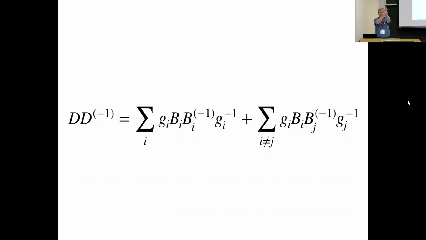I call those internal differences, and then you'll have some G sub i, B sub i's that match up with G sub j, B sub j's over here. And you need to be able to say something about each of those pieces. If those B sub i's are themselves difference sets, then the internal differences are taken care of for you. That part is very nicely controlled. So it's those external differences, what's happening between the B sub i's and the B sub j's.